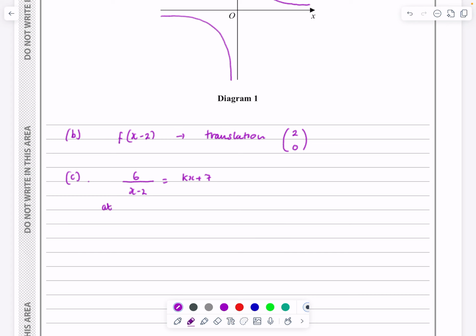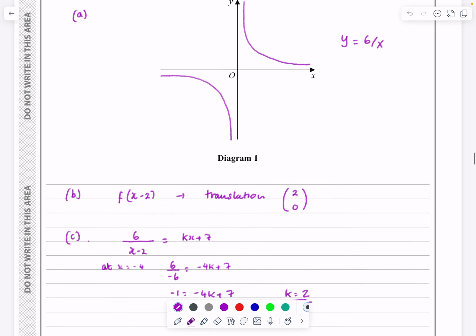So at x equals minus 4, I'm going to get 6 divided by minus 6 is equal to k lots of x, so minus 4 lots of k, plus 7. We get minus 1 equals minus 4k plus 7, so k works out to be equal to 2. Not difficult at all for the algebra for that part.